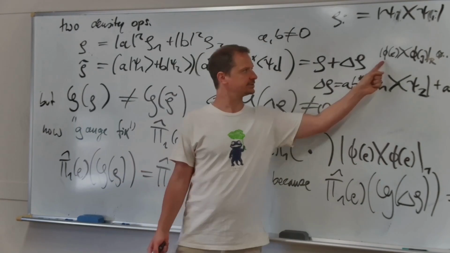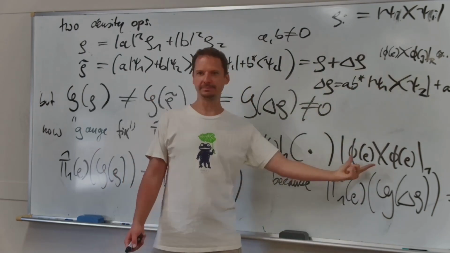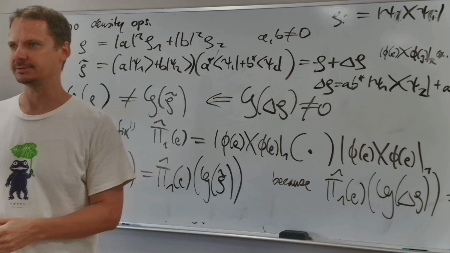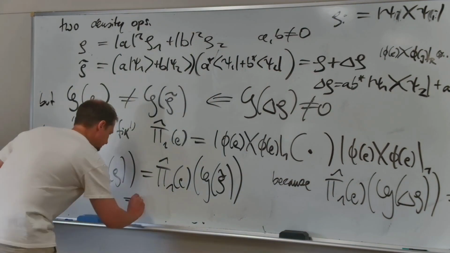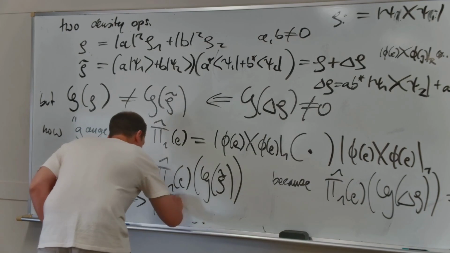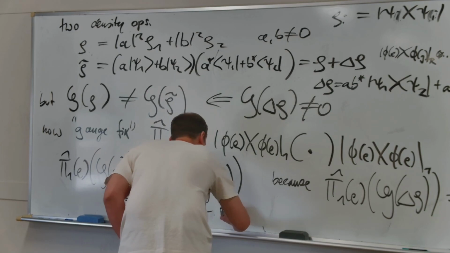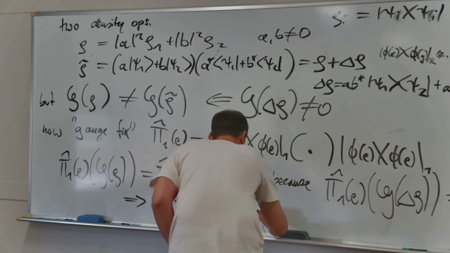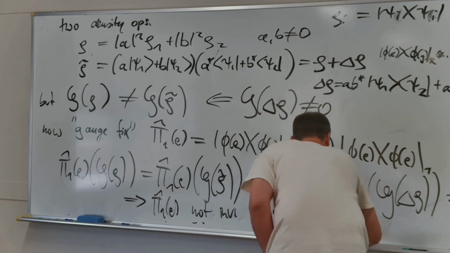This only contains off-diagonal pieces in the reference frame. But now I'm conditioning on being diagonal, so this guy goes out. And so pi 1E was not invertible, so it's no problem gauge fixing.